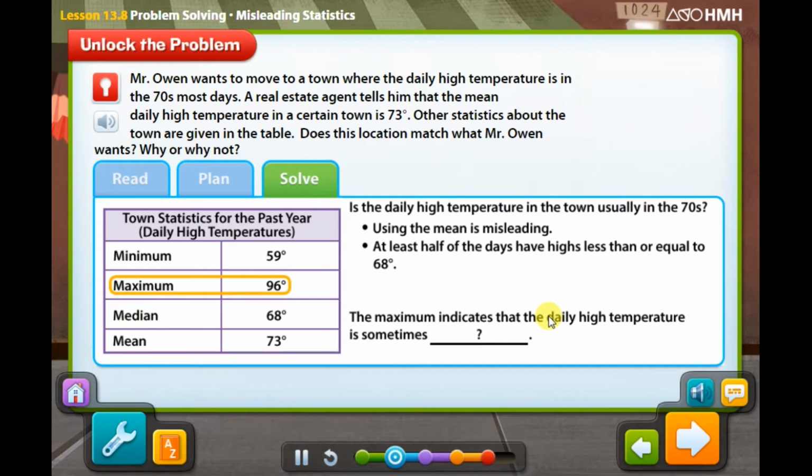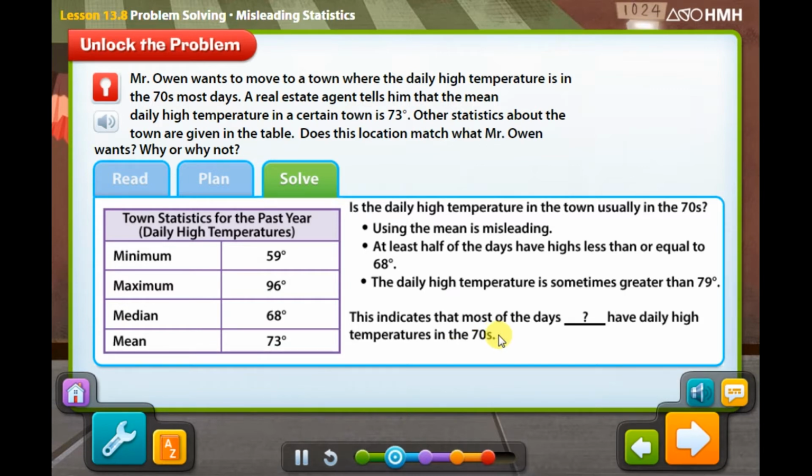But 68 is less than the 70s. Does this mean that the rest of the days are in the 70s? Let's look at the maximum daily high temperature to find out. The maximum daily high temperature tells you that some of the days have daily high temperatures greater than 79 degrees.